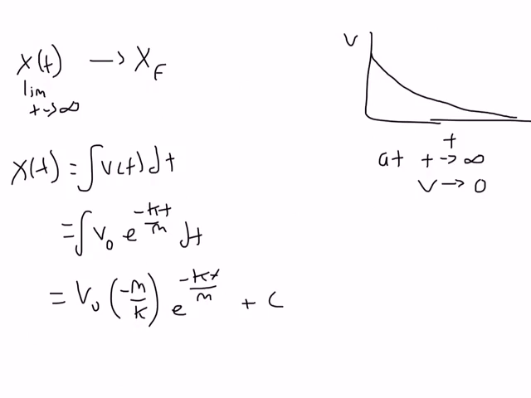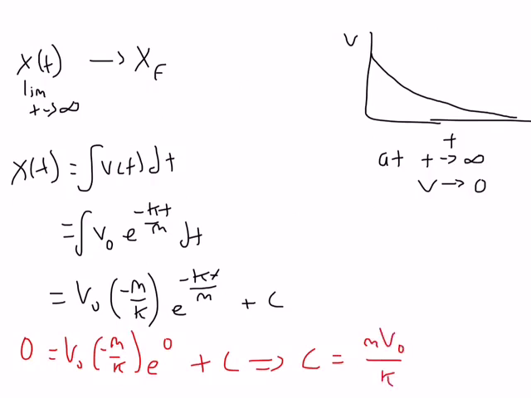So now, at t equals 0, we're going to say it's at x equals 0. So to solve for c, we get 0 equals v naught m over k e to the 0 plus c, right? Which tells us that c equals m v naught over k, right? Because e to the 0 is 1, then we move to the other side, so that gets rid of the negative. Okay, so now we know x of t.